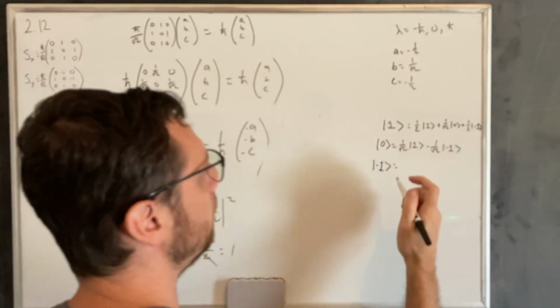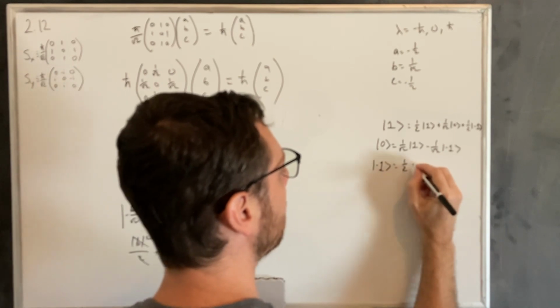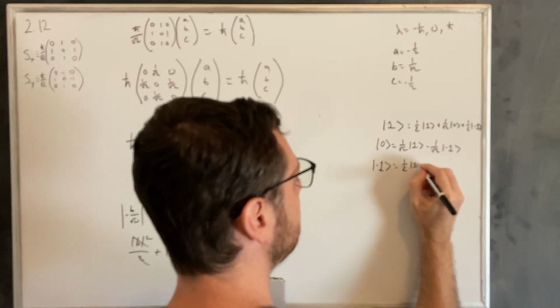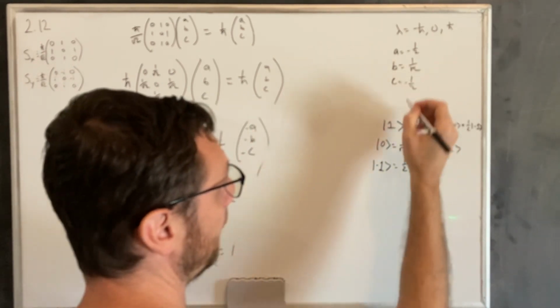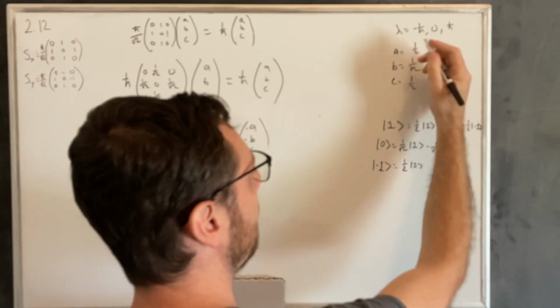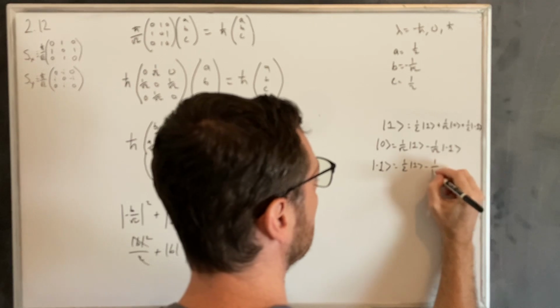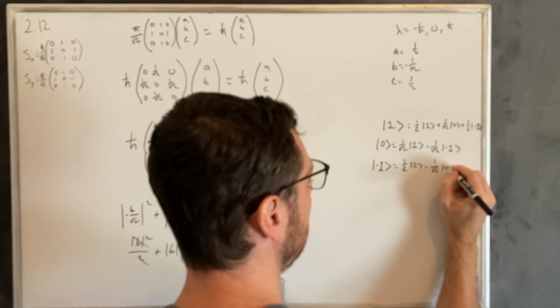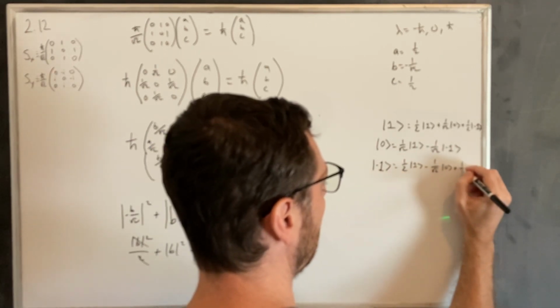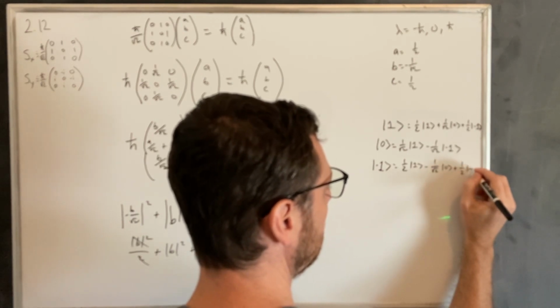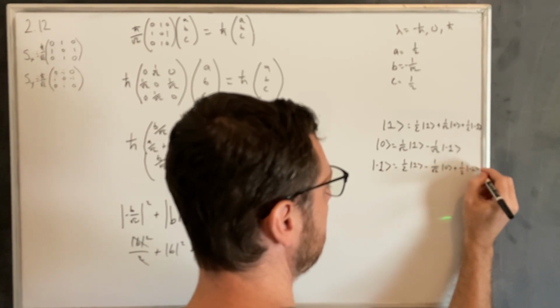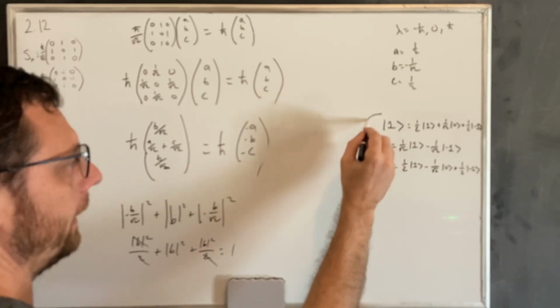So let's go ahead and do that. Let's make this a positive 1/2 for 1. And this is going to turn to minus. So those become positive, this becomes minus. So minus 1 over root 2 for the 0, and then plus 1/2 for the negative 1. And those are our 3 eigenvectors.